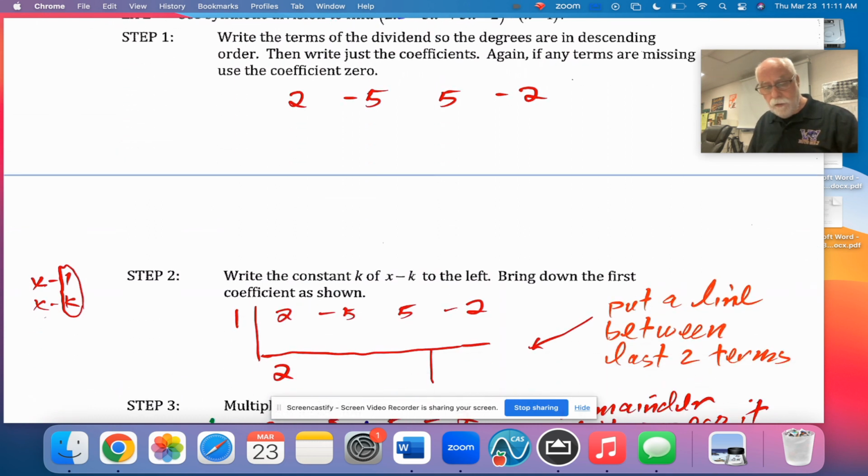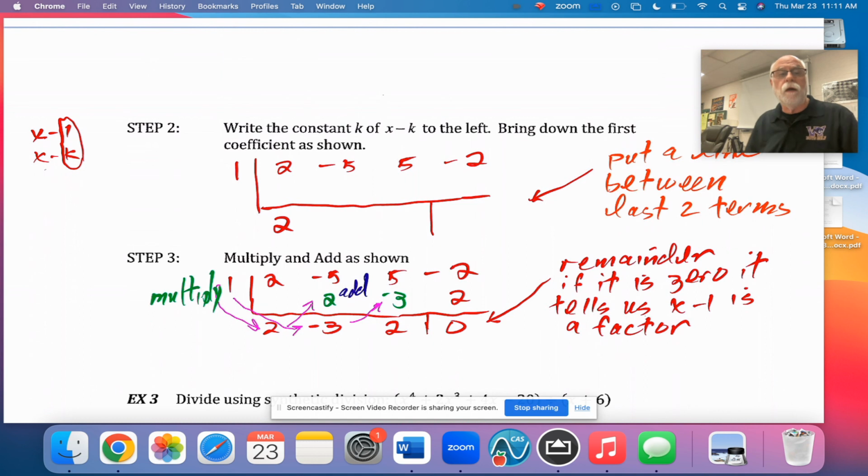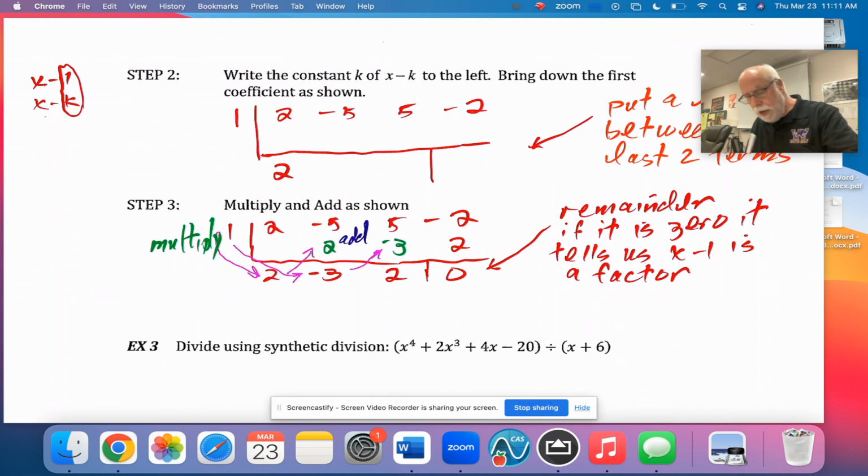What we'll find out is that our answer should always be 1 degree less. And if you think about it, it does work because this here is my constant term, this here is my x term, and this here is my x squared. Again, our remainder in this case was 0.